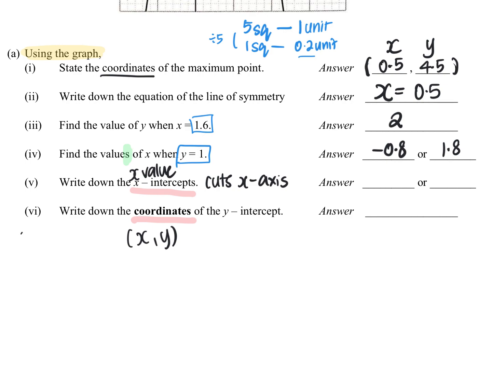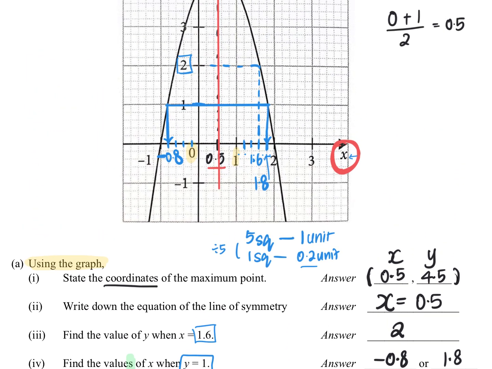So the x-intercept means where the curve cuts the x-axis. These 2 points cut my x-axis, right? So down here, what is this number? Negative 1. Down here, what is this number? Positive 2.